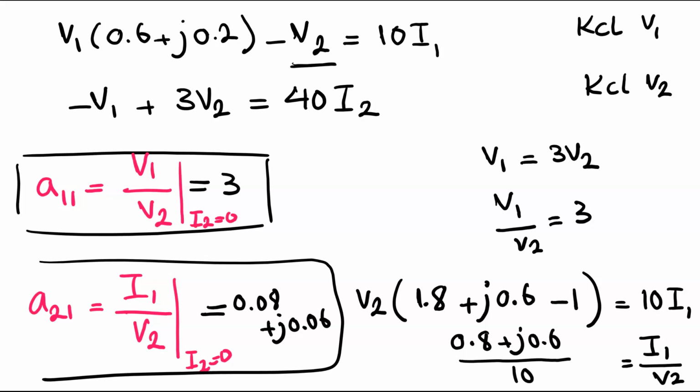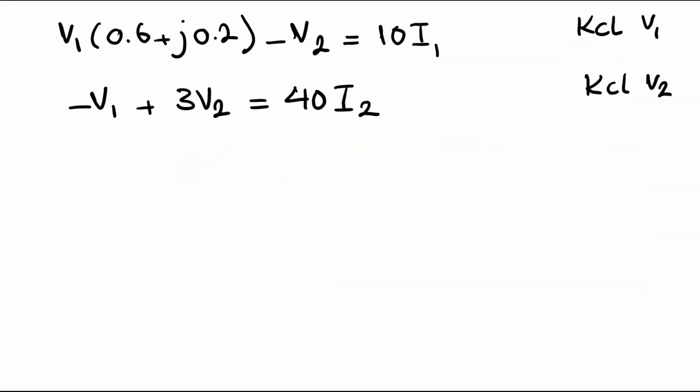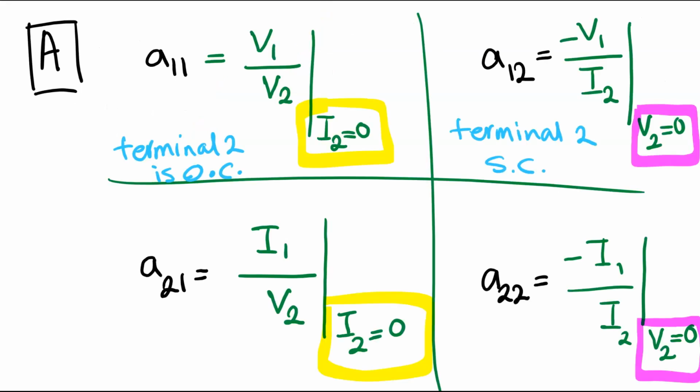And this time I need to apply the assumption that V2 is equal to 0. So if V2 is equal to 0, then in my first equation, I can eliminate this term. And in my second equation, I can eliminate this term. So now let's see what I have. In the first equation, I have a relationship between V1 and I1. And in the second one, I have a relationship between V1 and I2. And let's go back to the equation and see what I was looking for.